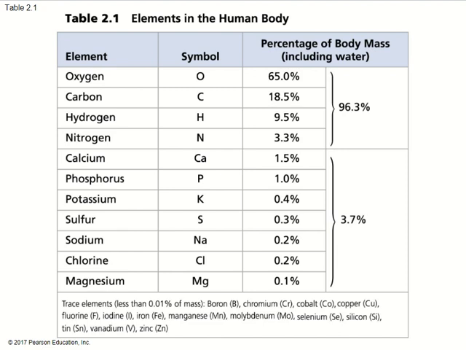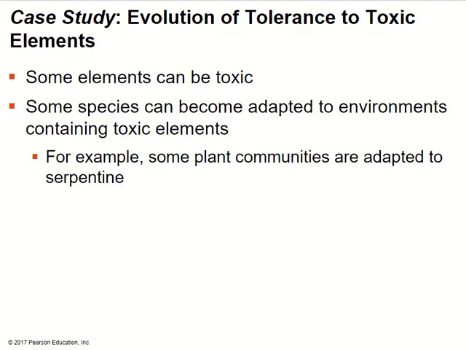And then trace examples could be boron, chromium, cobalt, copper, fluorine, and iodine, many things that in large quantities can be very, very hazardous to our health, but are used on the small scale to do very specific functions. Some of them are used to make certain cores of enzymes, among other functions.